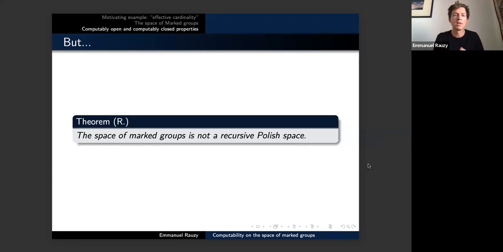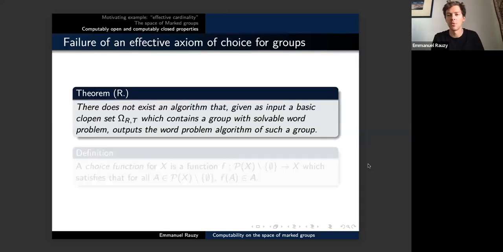It's naturally a space which contains undecidability. So from a certain point of view, it's very interesting, but on the other hand, it's unfortunate for today because we wanted to have one good notion of computably open set, and we don't. We have these two notions, which I don't know whether or not they are equivalent on the space of marked groups.